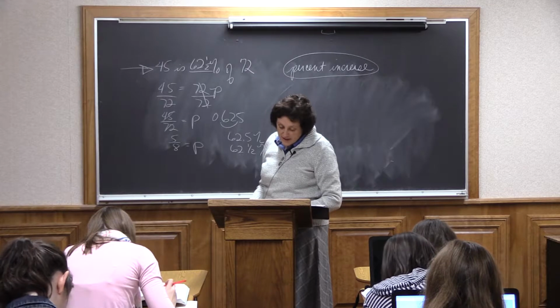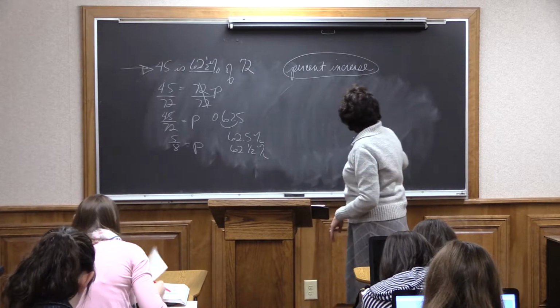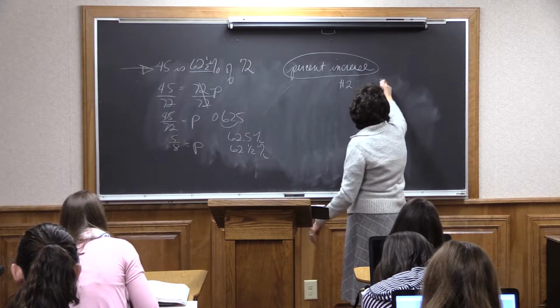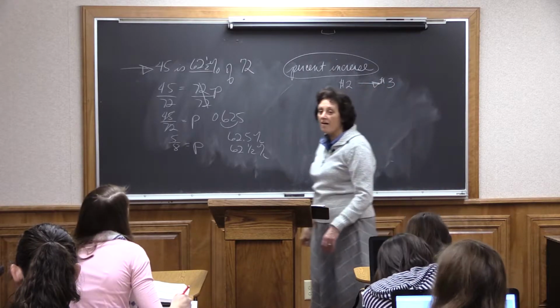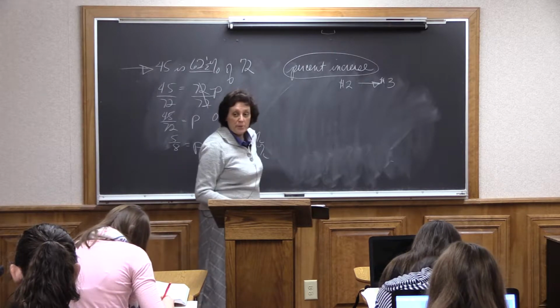It says the wholesale price of coffee increased from $2 a pound to $3 per pound. So it was $2 per pound, and now it's $3 per pound. Percent of increase is not just 2 is what percent of 3.